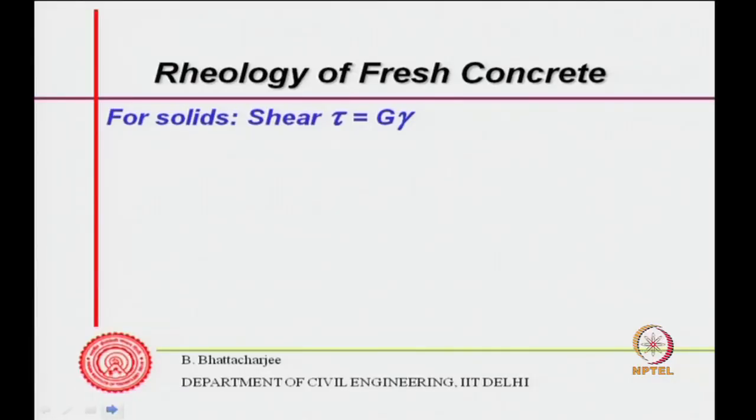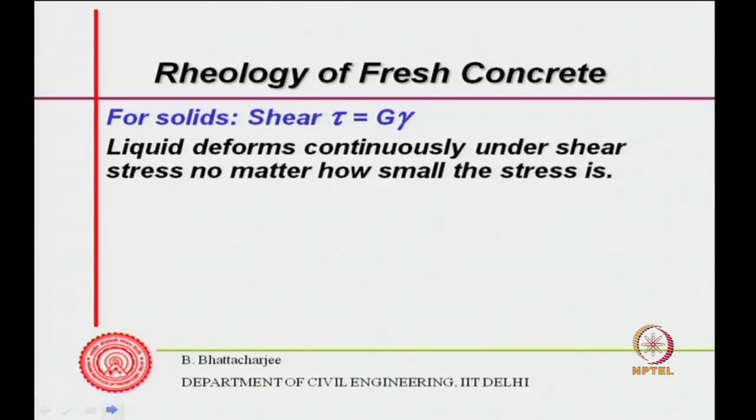We are just distinguishing the solid. For solid, shear stress is proportional to shear strain, and the constant of proportionality is the rigidity modulus. Liquid deforms continuously under shear stress, no matter how small the stress is. And shear stress is proportional to viscosity multiplied by shear strain rate.